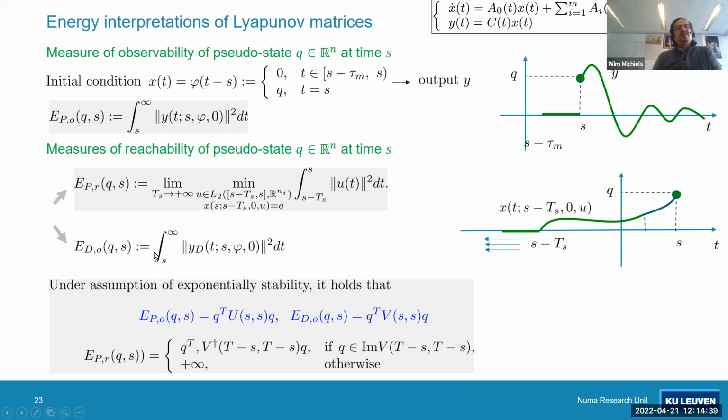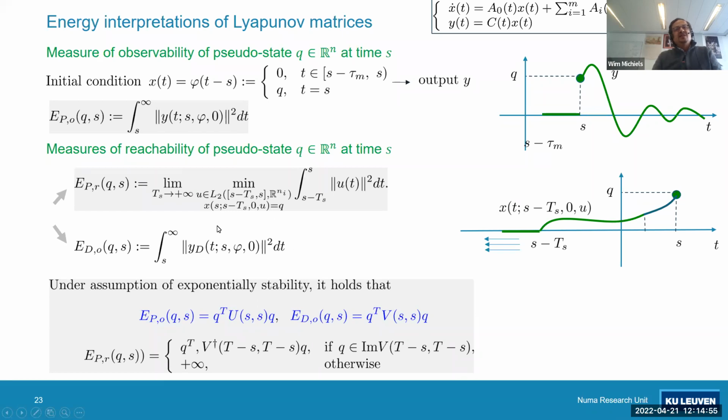In fact, there's another measure of reachability, but I'm not going to elaborate on that. It looks at the observation energy, by looking at how well the pseudo state Q can be observed in the dual system. So also here, duality provides an easy criterion.